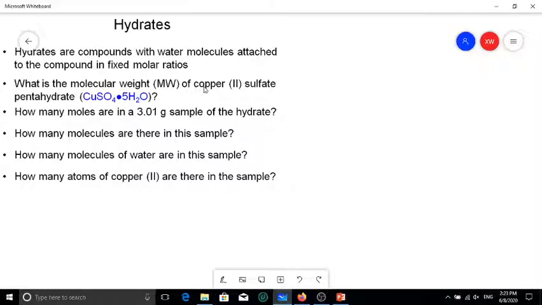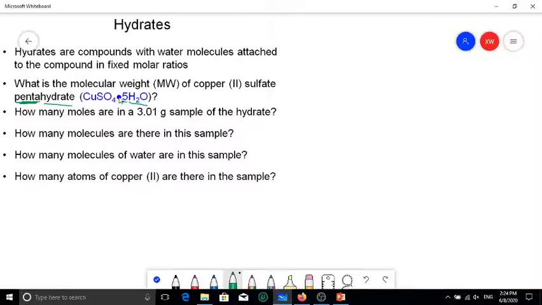You name the ionic compound part as it is, copper(II) sulfate, and then you use the prefix number to indicate how many water molecules there are. In this case, it's penta. This is the same set of prefixes as we learned in molecular or covalent compounds, and hydrate here means water molecule. So the whole thing we name copper(II) sulfate pentahydrate.